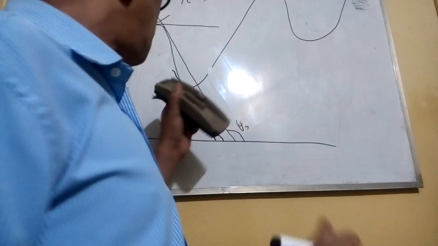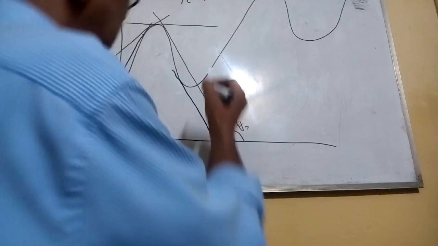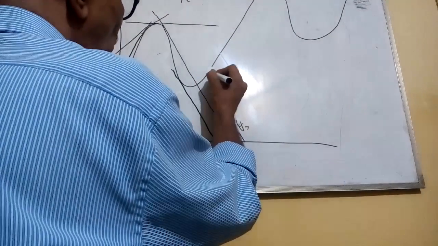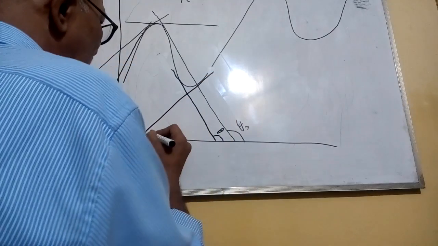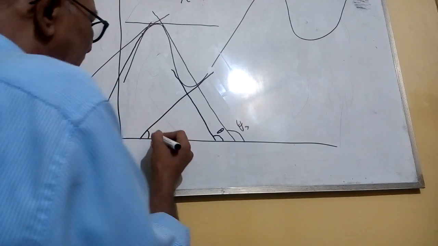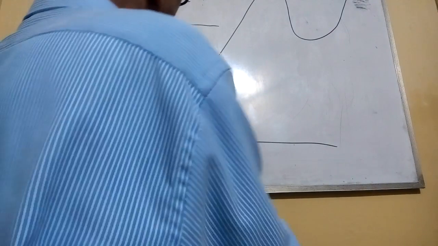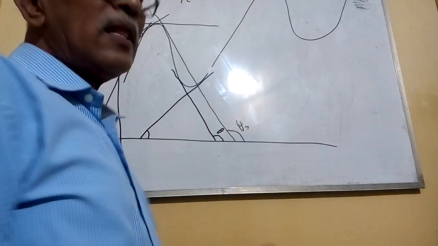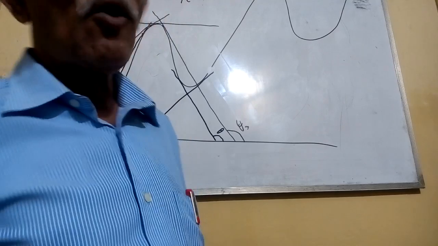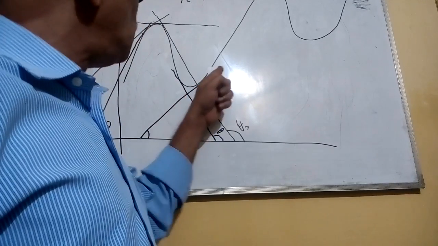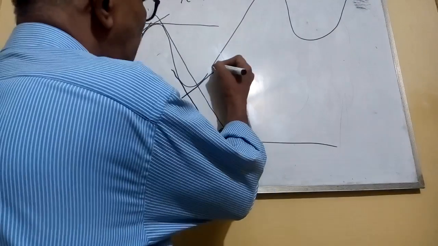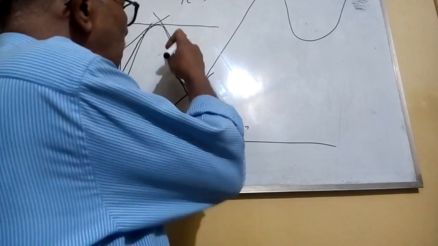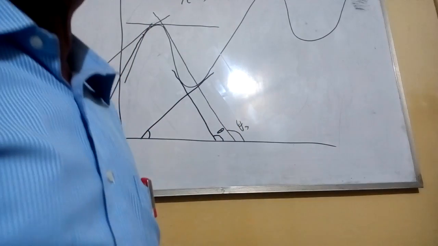That means the function is decreasing. And here if you are plotting, you will find theta is an acute angle. That means the function is increasing. So here again the function converted from a decreasing to an increasing function.